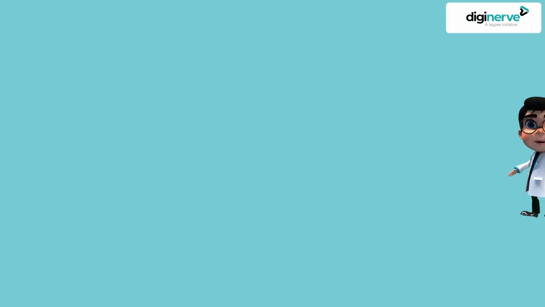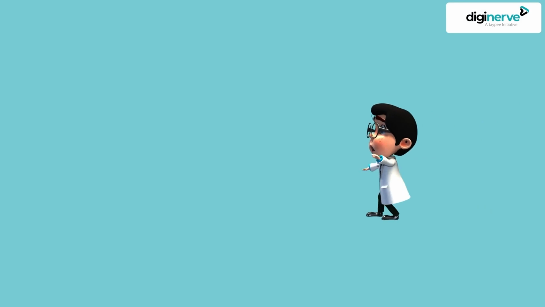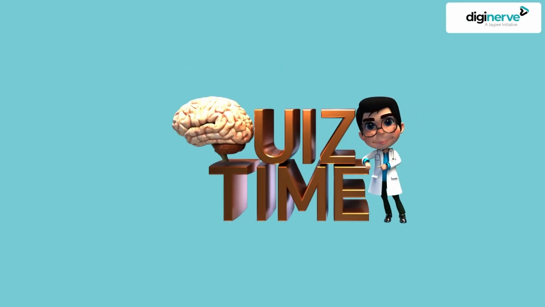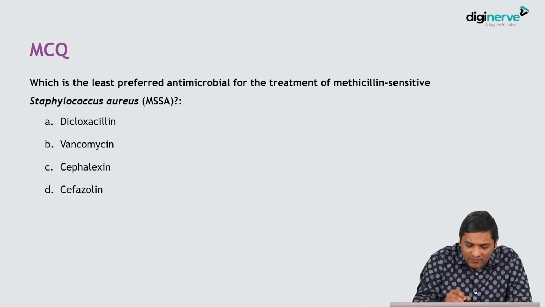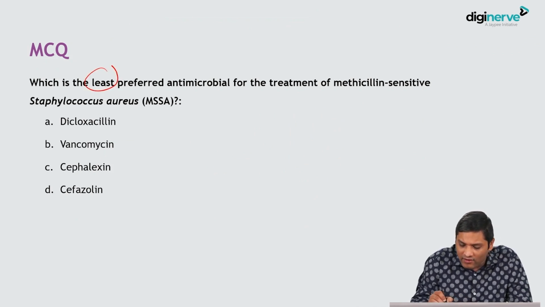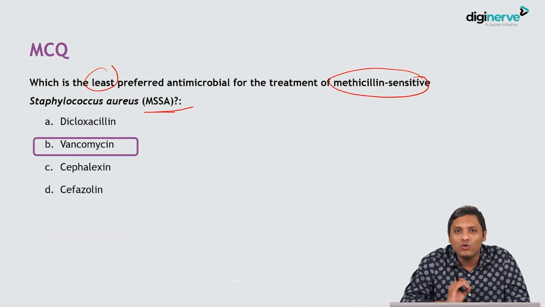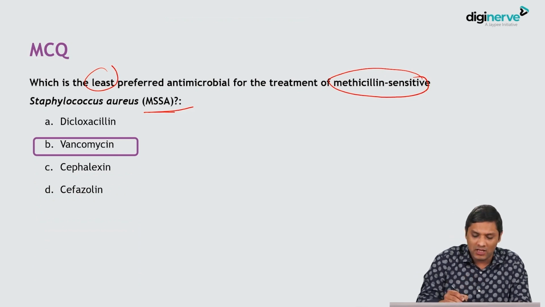Okay, so now we will discuss a few MCQs. Which is the least preferred antibiotic for treatment of MSSA? If you have methicillin sensitive Staphylococcus aureus, please remember, do not give vancomycin.